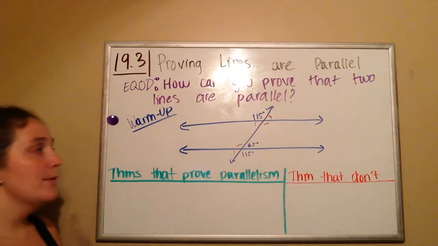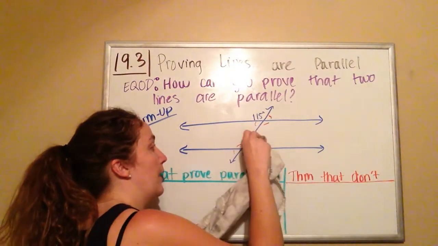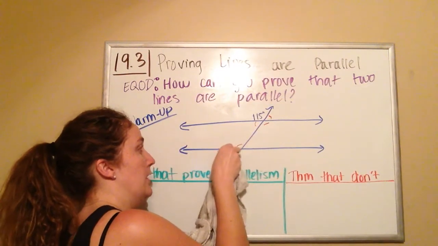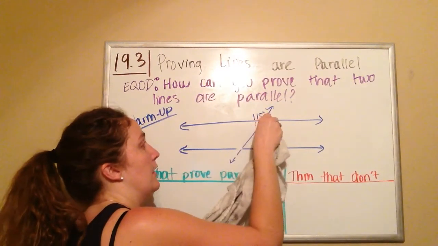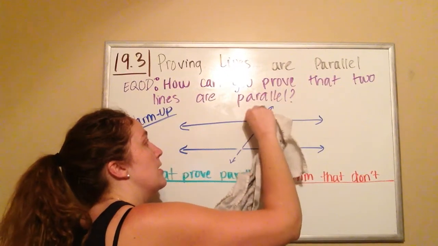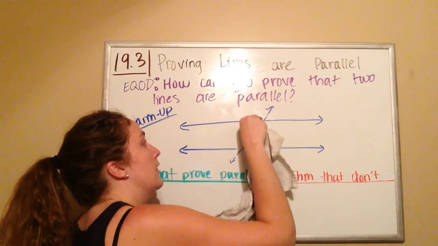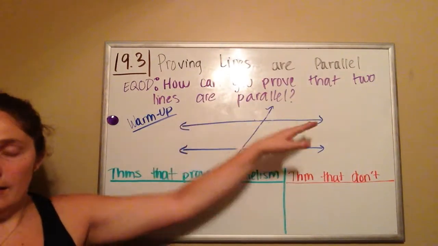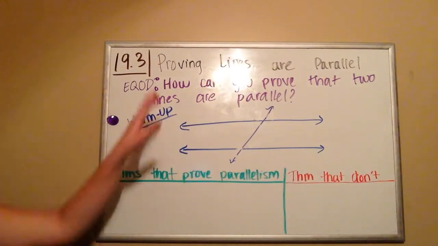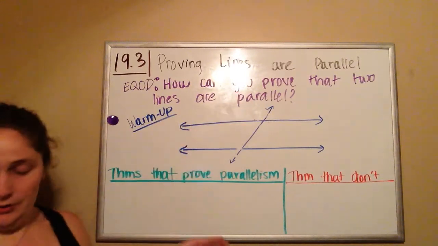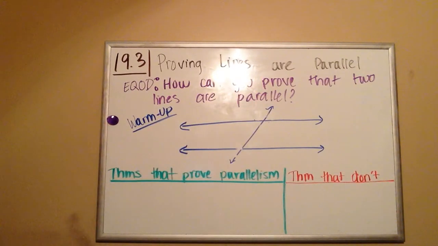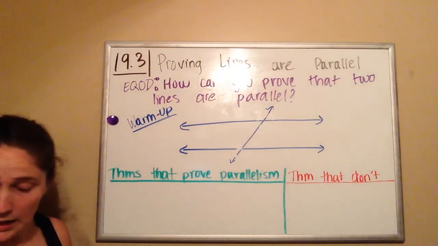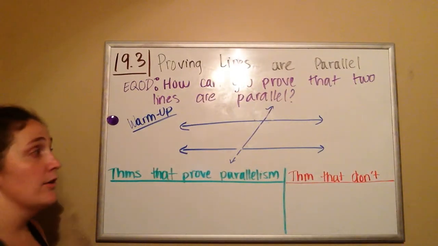Alright, so to talk about how to prove parallel lines today, we're going to really use this diagram right here, this drawing that we just talked about in the warm-up. As I said when I drew it, it is two lines that are parallel and a transversal. So some of the theorems that we use, like same side interior angles.